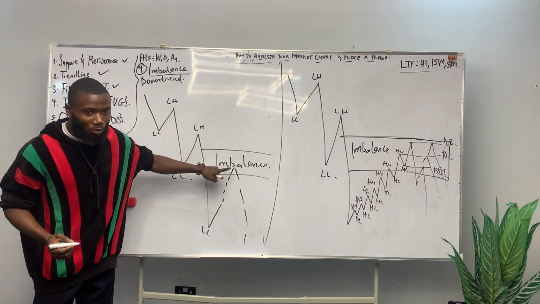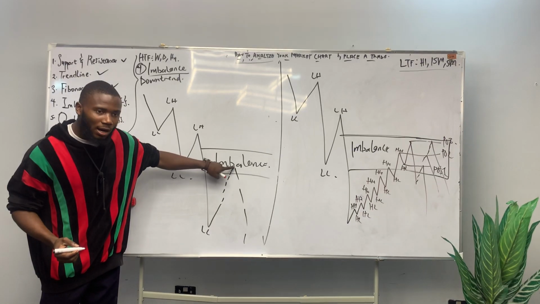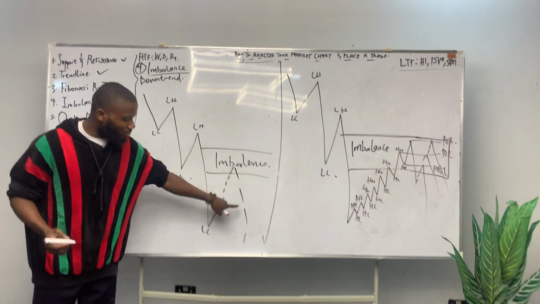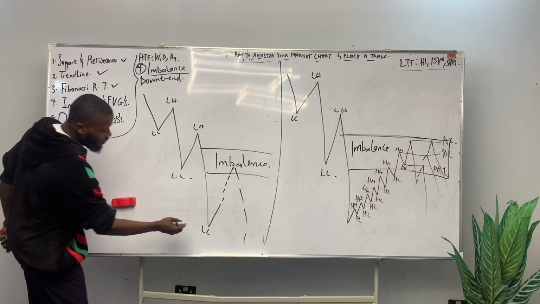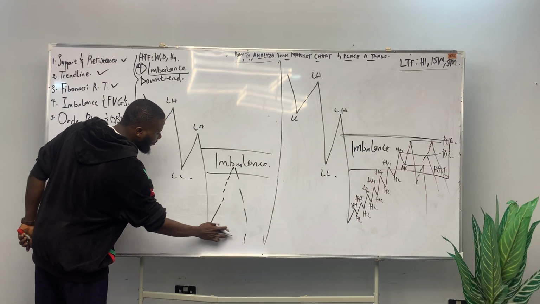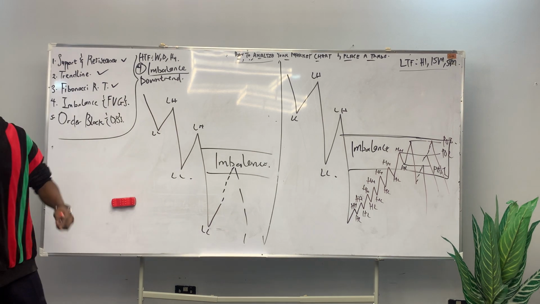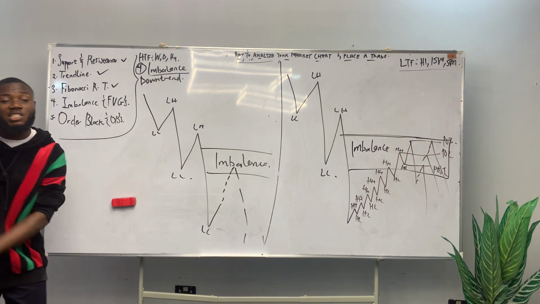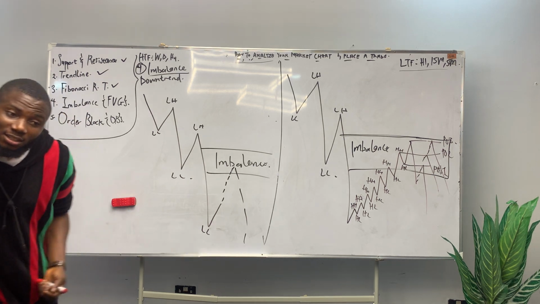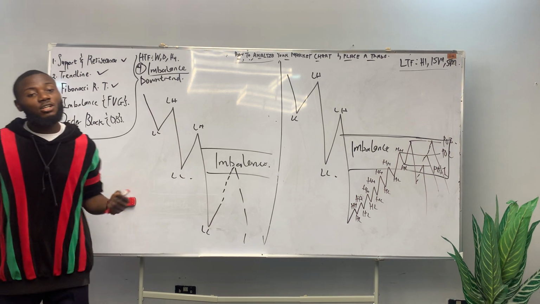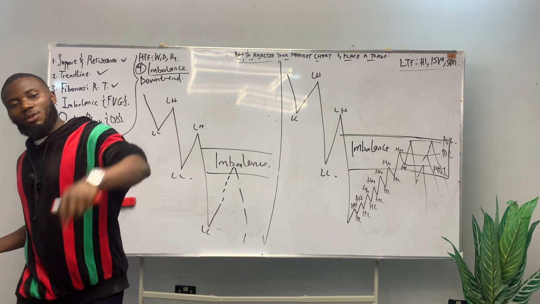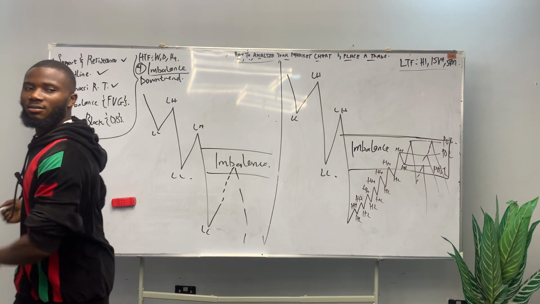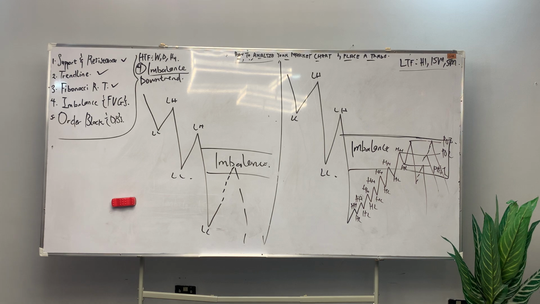And now, if it forms, you want your lower high, good, until it breaks this previous lower low. Once it breaks it, it means the trend is continuing. The downtrend is still continuing. Meaning you have to wait for the next impulsive move to enter again.